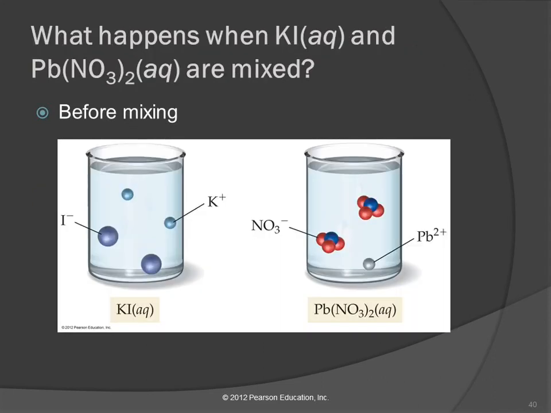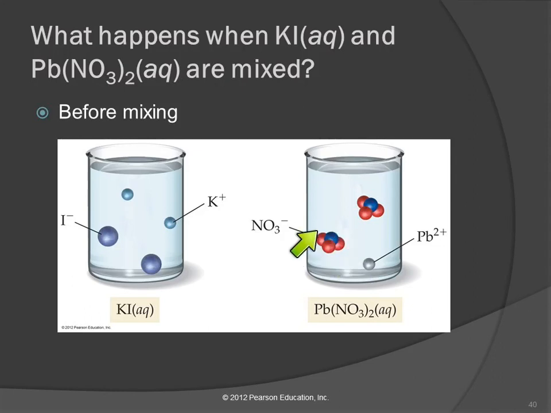So let's look in depth at what happens when potassium iodide and lead nitrate are mixed. So here's a beaker with the potassium iodide. When an ionic solid dissolves in water, the ions separate. And in my crazy analogy, this is two people going to a party. They separate and they mingle. And over here, we've got lead ions and nitrate ions.